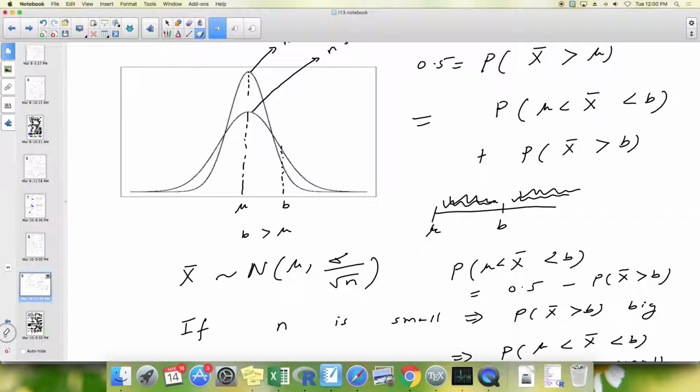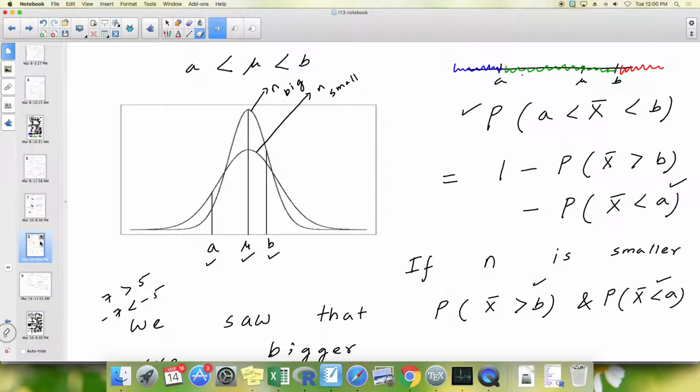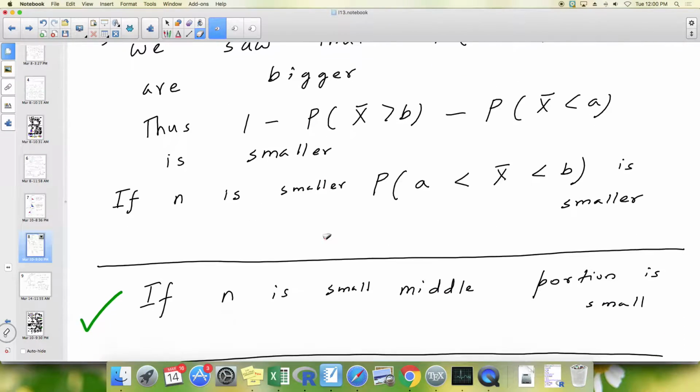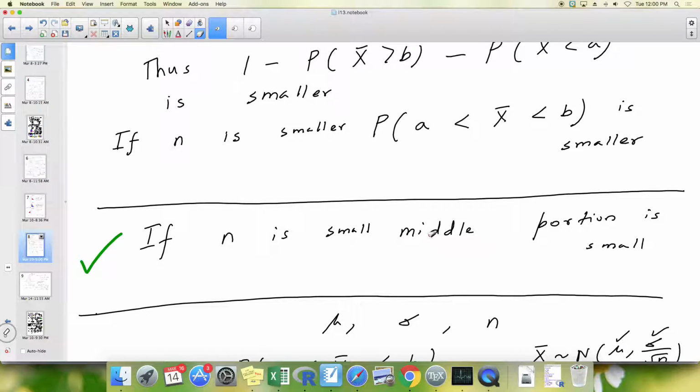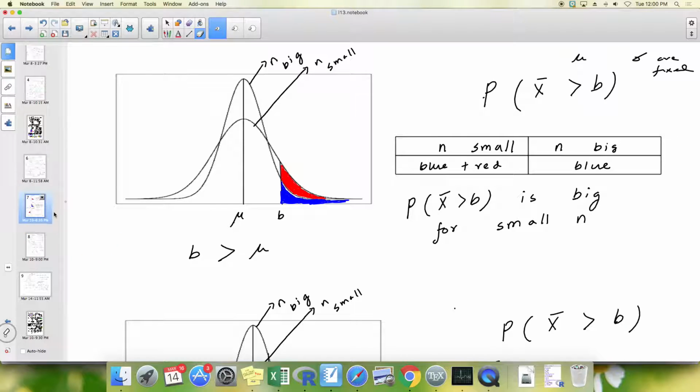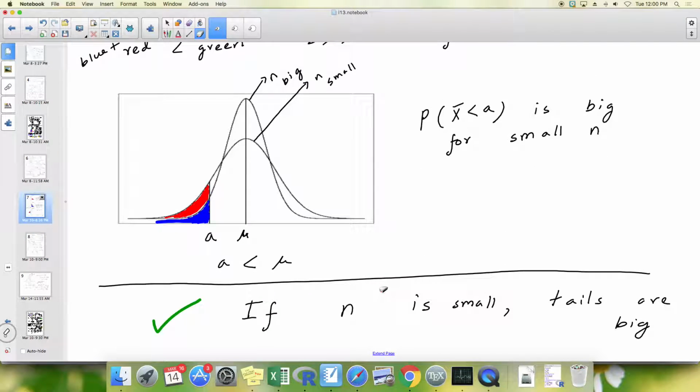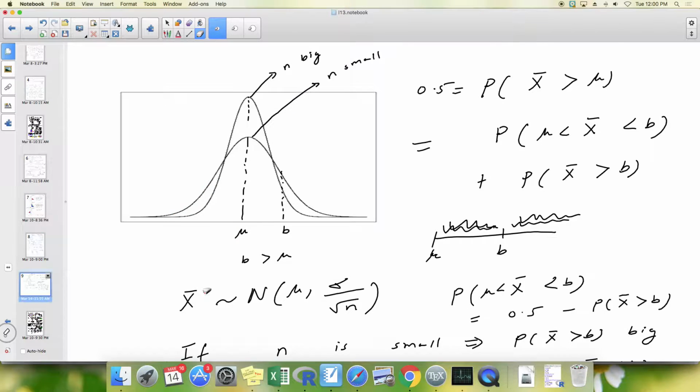So the only things you guys need to remember is this line, if n is small, middle portion is small. And this line, if n is small, tails are big. So let me write those down.